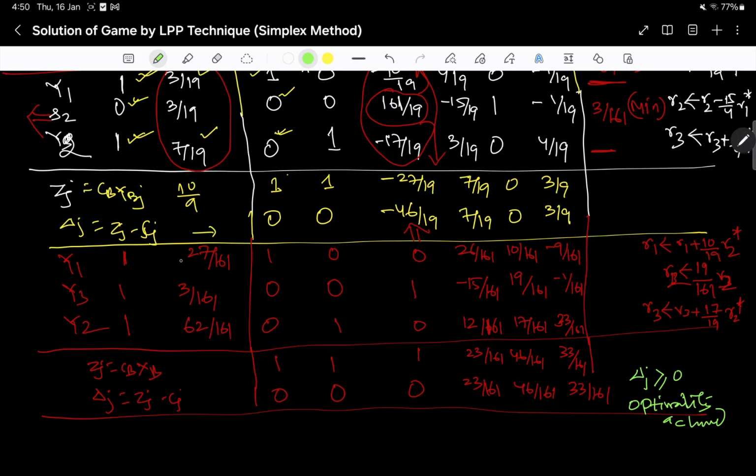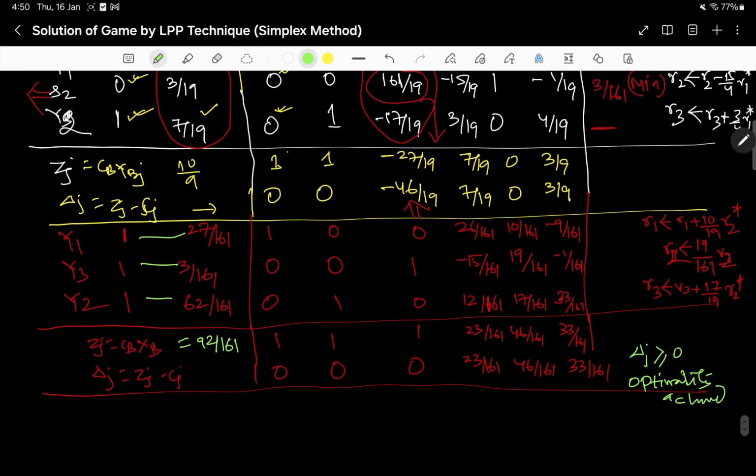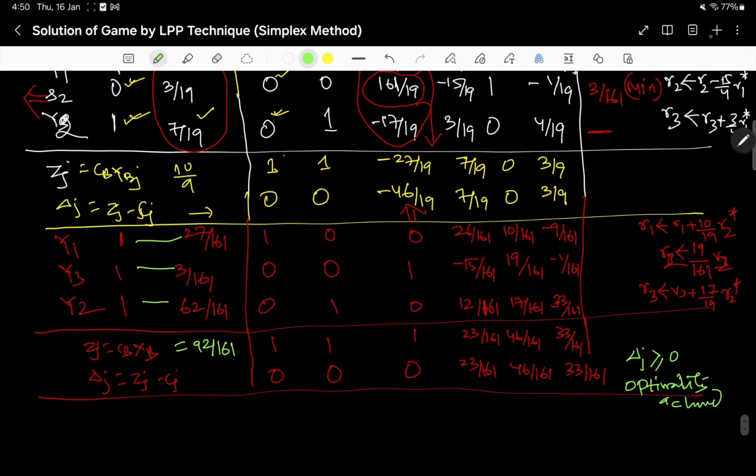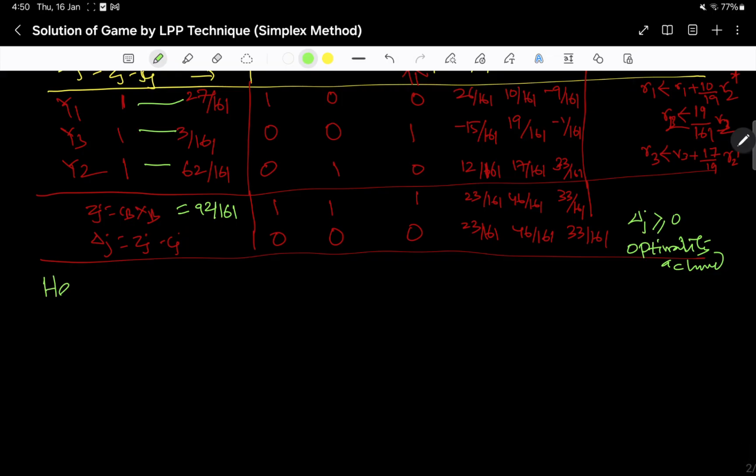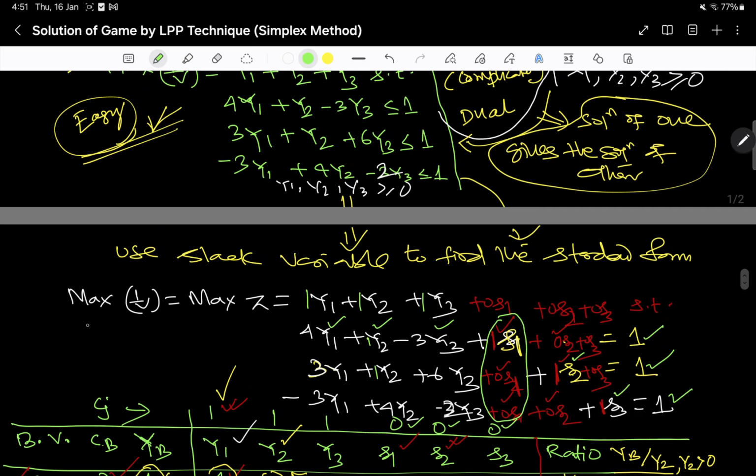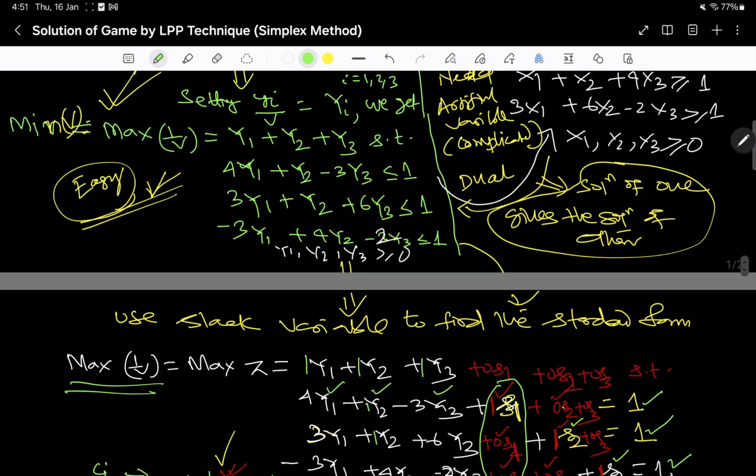So I will see, I just have this calculation. If I multiply it, it is this into this plus this into this plus this into this. It will be my 92 by 161. This is my 1 by V. So what is my solution now? Hence the optimal solution is, you see, we have just evaluated maxima is 1 by V. Okay, maxima is 1 by V, that is here minimize V, right?